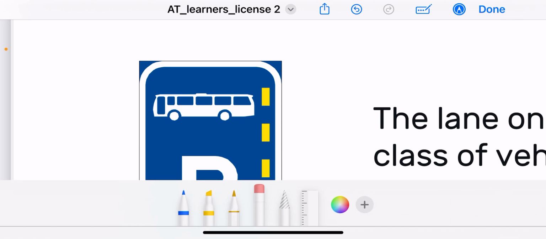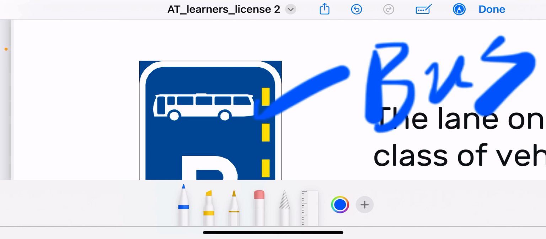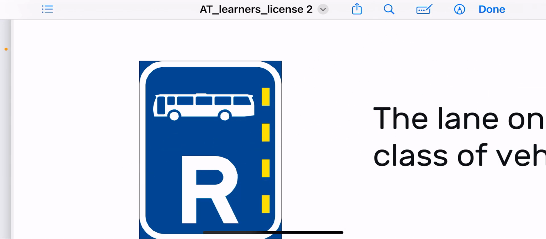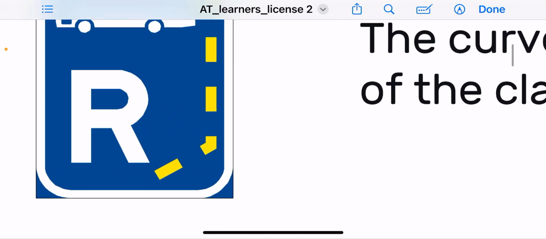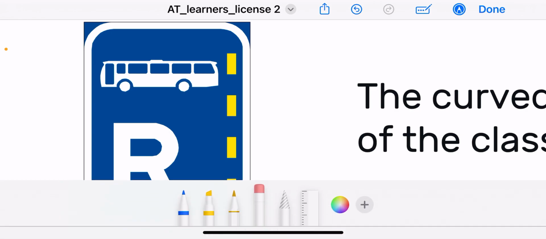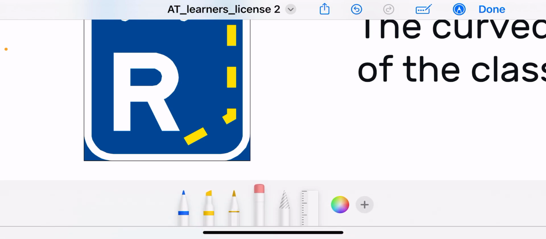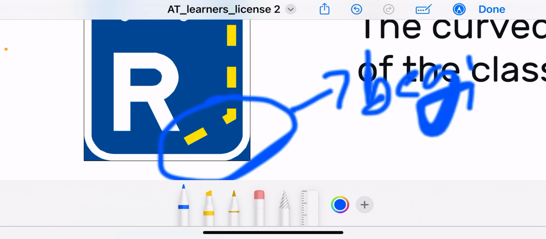So you obviously can see that this is a bus. That means this lane is reserved for buses only. And then going down, this is an indication that the lane begins.